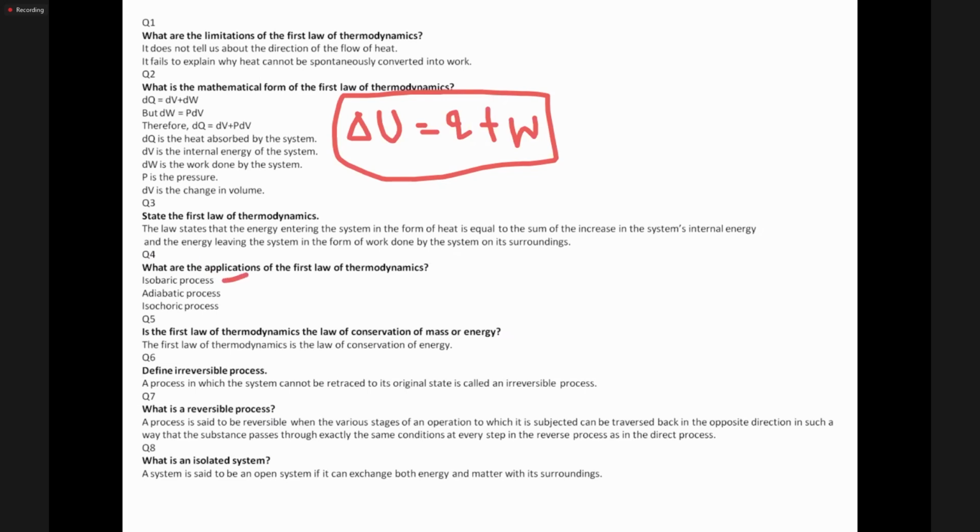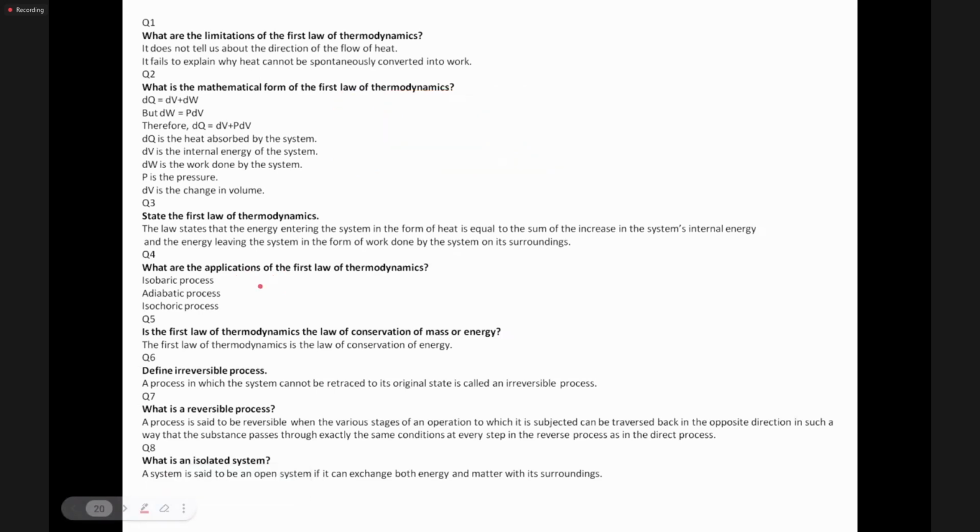In an isobaric process, the pressure remains constant, so delta P is equal to 0.